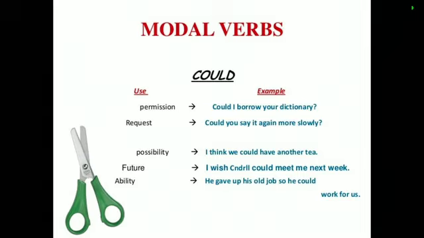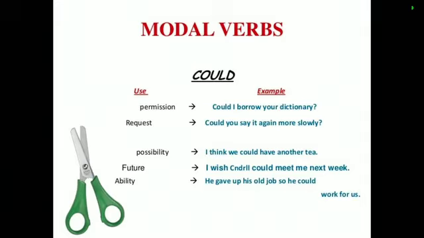After that you could use could for a request also. Could you say it again? Could you say it again more slowly? So here you are requesting. Now about possibility, that how in a situation of possibility you could use could. I think we could have another tea.